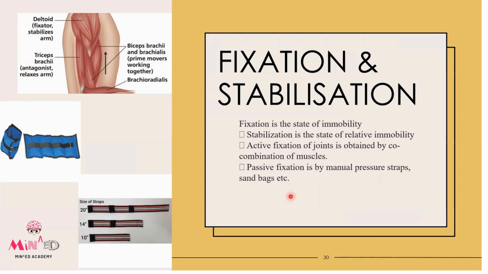Like when we are going to do some mobilization or anything, first you have to stabilize a part. So in stabilization there will be relative immobility, and in fixation there will be total immobility. Fixation is of two types: active fixation and passive fixation. Active fixation of joints is obtained by combination of muscles, which we fix by ourselves, and passive fixation with manual pressure, straps and then sandbags.